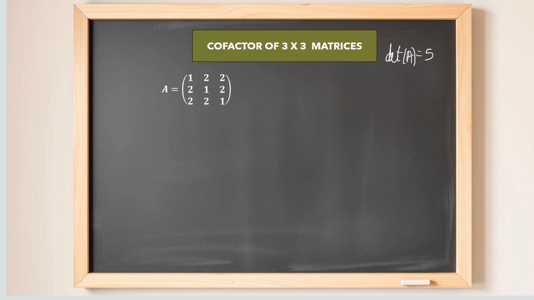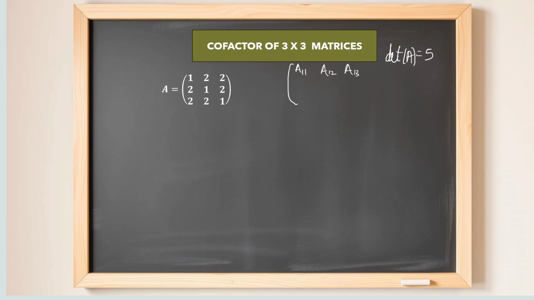Now, for the cofactor of A, this is row 1, column 1, row 2, column 2. Let me just put something here. This is a 3 by 3 matrix. This is A11, this is A12, A13, that means the first row and each of the columns.